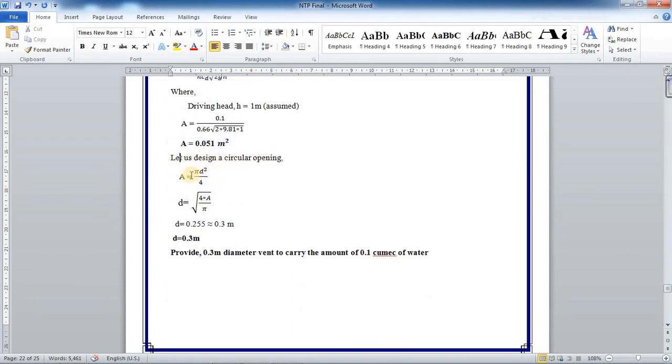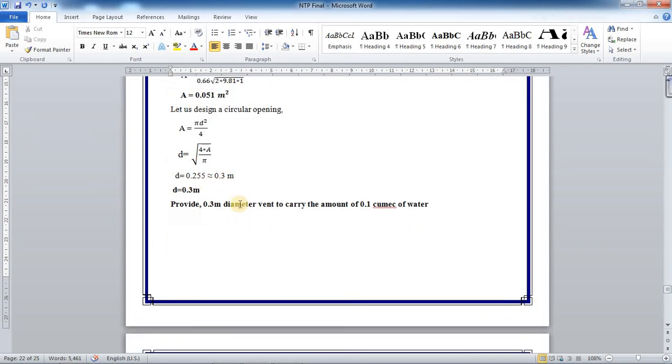Let us design a circular opening, which means A is equal to pi d square by 4. Substituting A, we get the diameter as 0.255 meters, and approximately you can make it 0.3 meter.